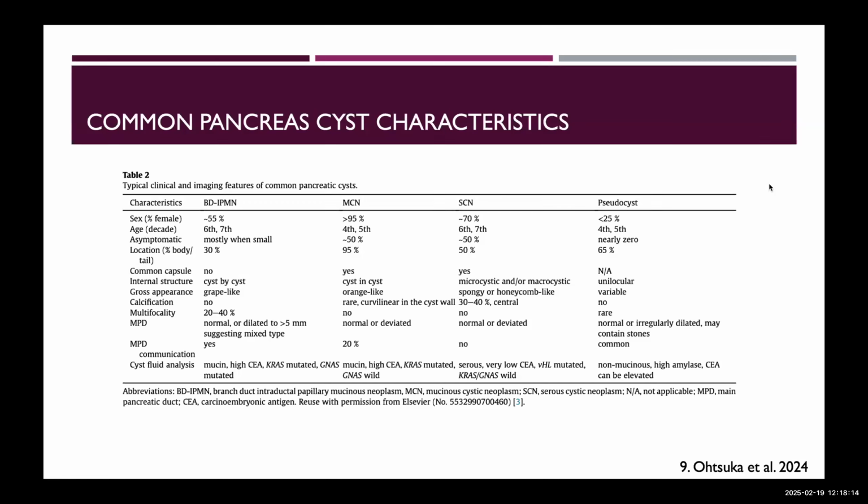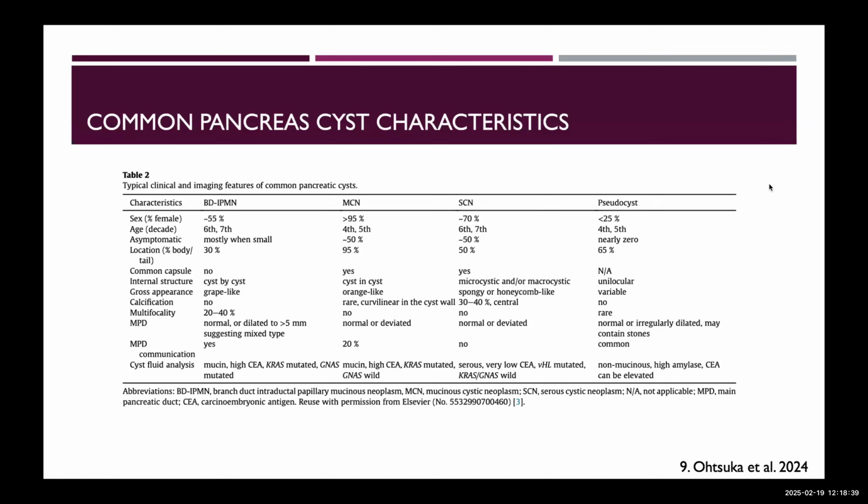For mucinous lesions, particularly IPMNs, they're mucinous, which we can identify via a particular technique called a string sign, or we can see that under pathology. Their cyst fluid analysis has high CEA, high amylase as it's contiguous to the main pancreatic duct. And in next generation sequencing, they have mutated KRAS and GNAS.